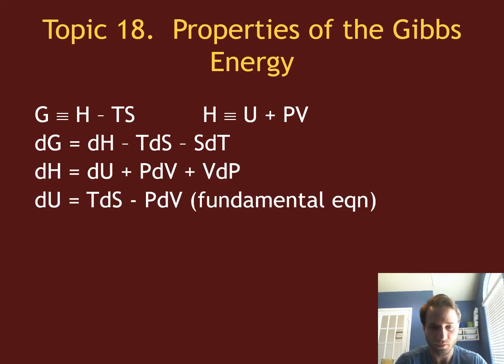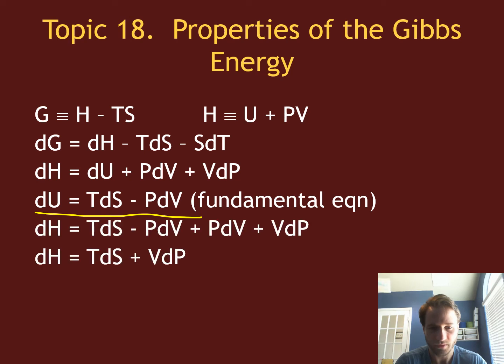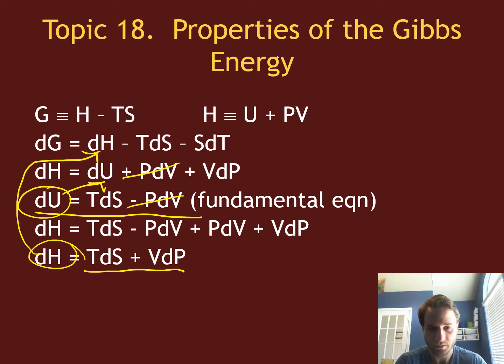Then plugging in for dH, which is dU plus PdV plus VdP, and using dU equals TdS minus PdV, we get dH simplifies down to TdS plus VdP, because the PdVs cancel with each other, and you're left with just TdS plus VdP. And then we can plug this back in up here.